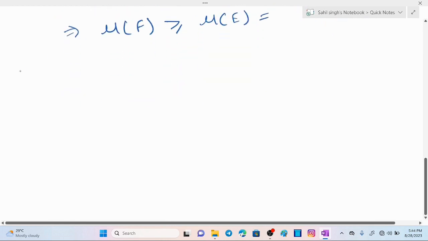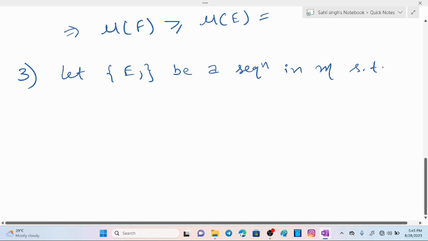So let's see property number 3. This property says, let Ej be a sequence in M such that Ej is contained in Ej+1, for all j belonging to the natural numbers. That means this is a monotonically increasing sequence.